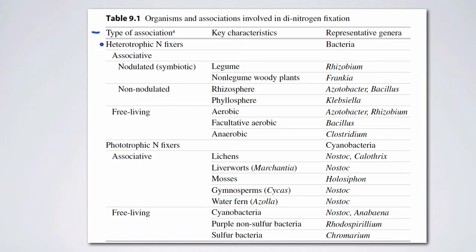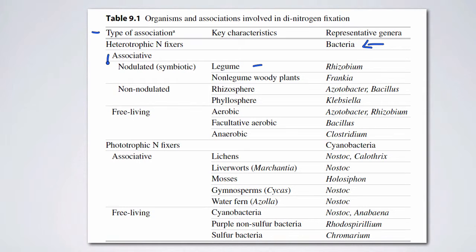So for heterotrophic nitrogen fixers, the bacteria are primarily doing the fixation. That means because they're bacteria, their energy source must come external to their organism. Those are often provided by plants.